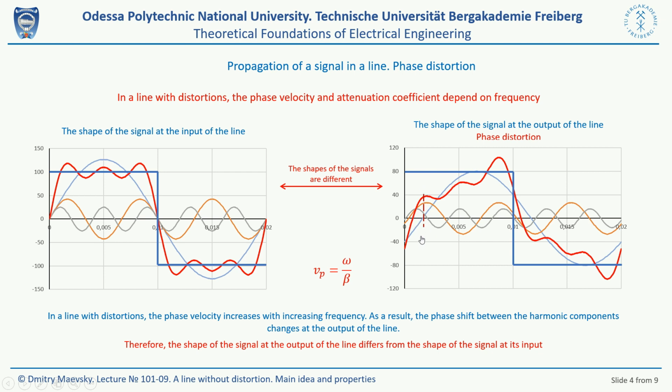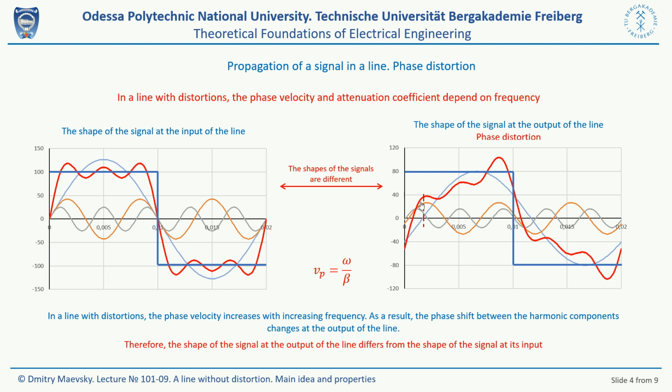Observe, in this figure, the dotted line indicates the moments in time when the sine wave of the first harmonic has a zero value at the output of the line. However, at this moment, the sine waves of the third and fifth harmonics at the output already have some non-zero values.